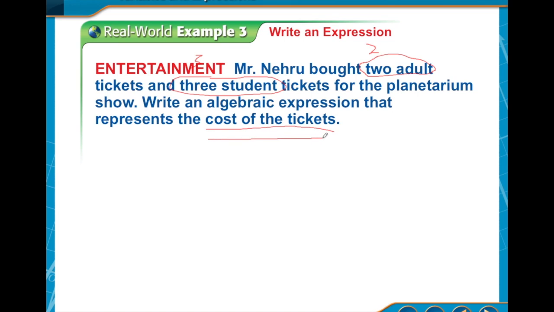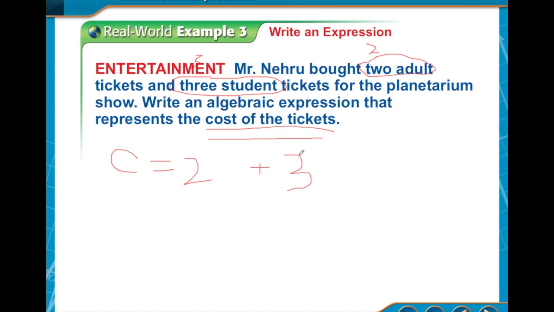What is the cost of the tickets? Well, I know that my cost should be the ending part of this equation. That's what we want to find. And it will be equal to all of this cost added together. So how many did we buy? We bought 2 adult tickets. And we also bought 3 student tickets.